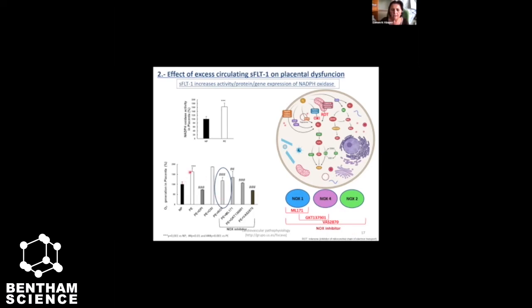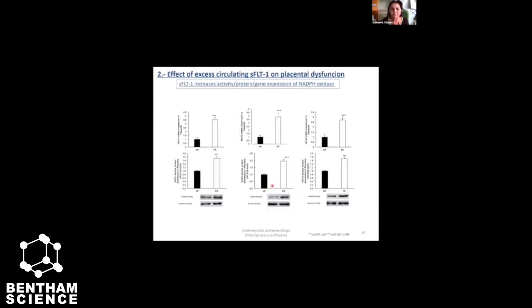This increase in preeclampsia was not inhibited totally. So it means that a big part of the oxidative stress produced in preeclampsia is due to the mitochondria. Or mitochondria has a very important role in the oxidative stress produced in preeclampsia.